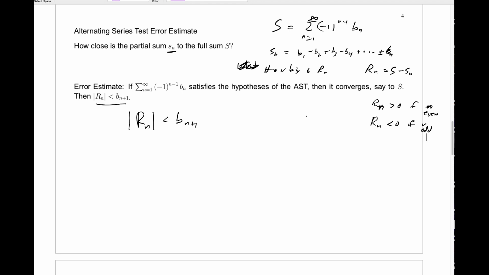But if we don't care about in which direction we're wrong when we use S sub n to approximate S, and you only care about how much we're wrong, this tells you the size of our error is less than the size of the next term. And of course you can tell in which direction we're wrong as well using this. The error is positive if n is even, and the error is negative if n is odd. But you have to interpret this correctly. Remember, saying the error is positive if n is even means the even partial sums are underestimates, and the odd partial sums here are overestimates.